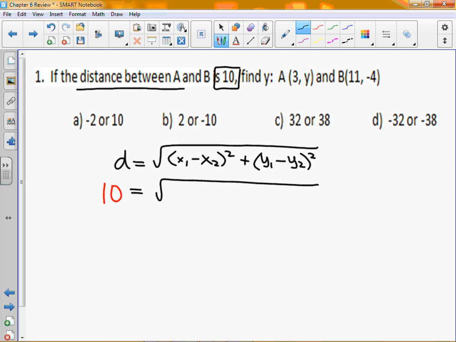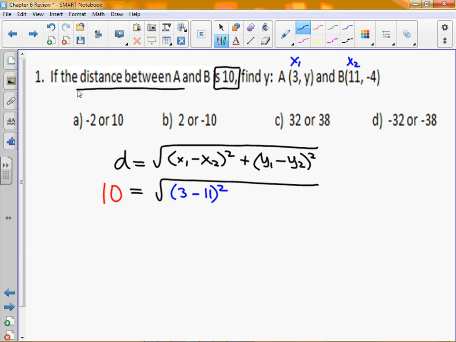So D equals. Okay, now over here it says 3 and 11. Guys, 3 and 11 are my x's. Okay, so if 3 is x1 and 11 is x2, I just come right here and again I just plug them in.